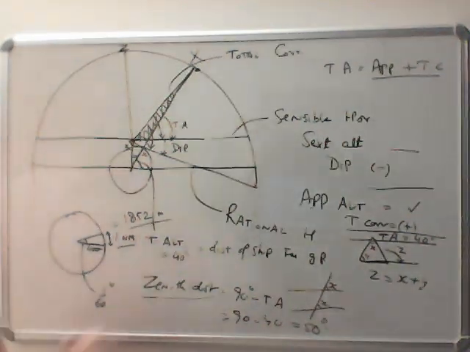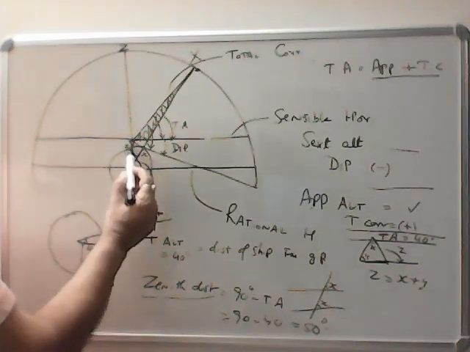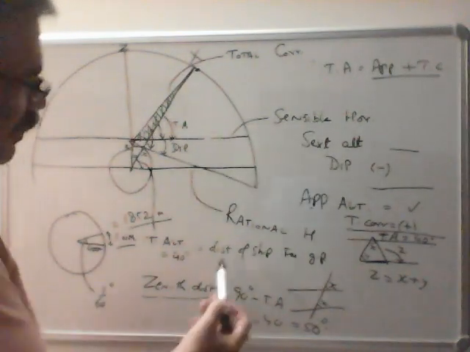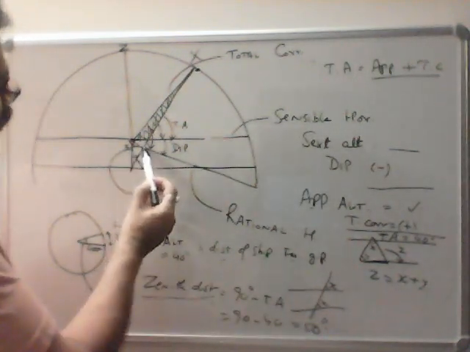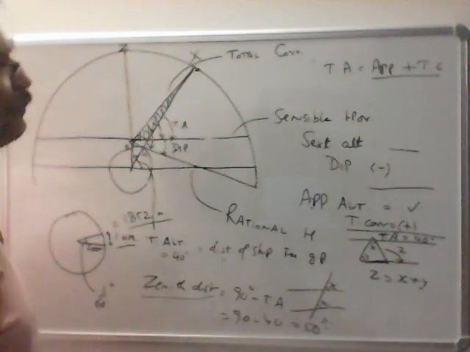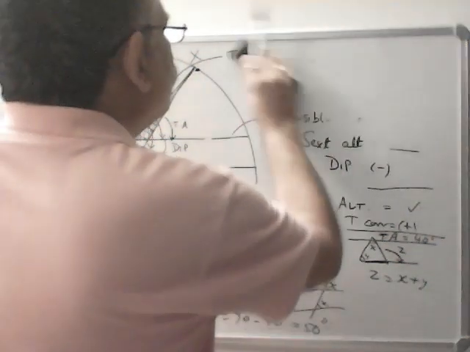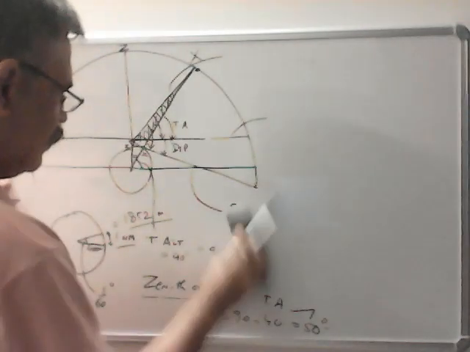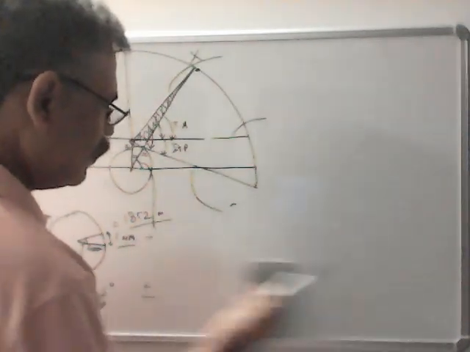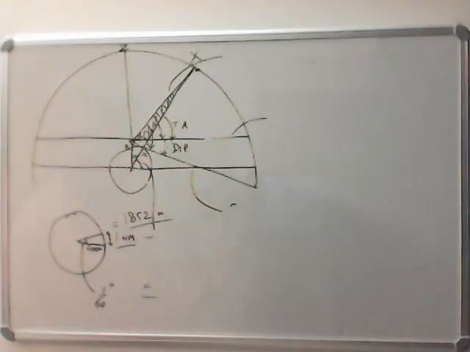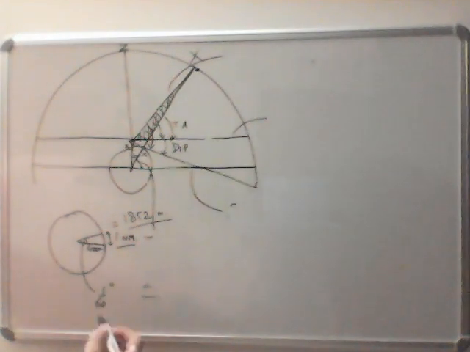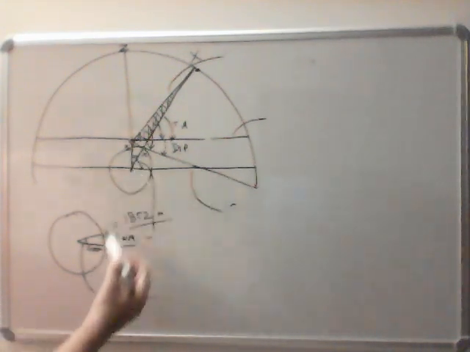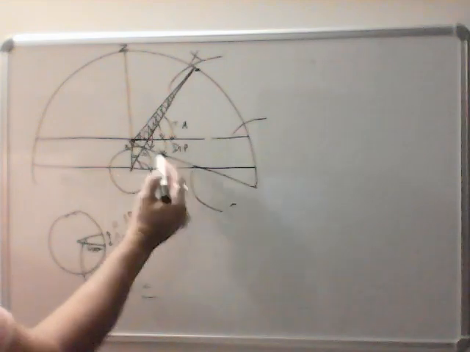So now we have to calculate the length of this arc zx, which is the distance of ship from the GP x. So now if this angle is 1 upon 60 degrees, this is the same arc.